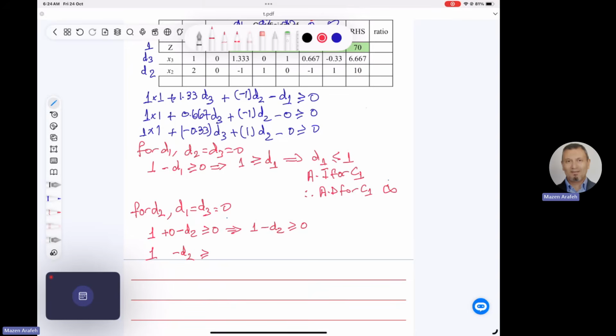Again, this will give me the same value. From this one, I have 1 is greater than or equal to D2. And from this one, again, I have 1 is greater than or equal to D2.